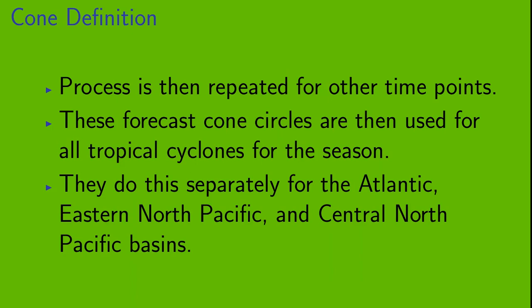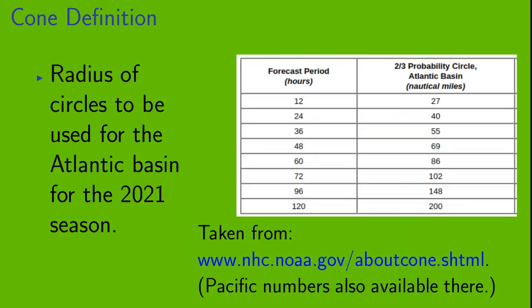But they do this separately for the Atlantic, Eastern North Pacific, and Central North Pacific basins. So for illustration, here's a table taken from the National Hurricane Center's website of the radii of the circles that go into the track forecast cones for the tropical cyclones in the Atlantic Basin for the 2021 season. And you can see the radius for each of the time points.